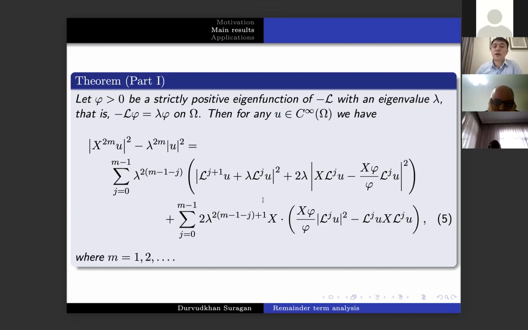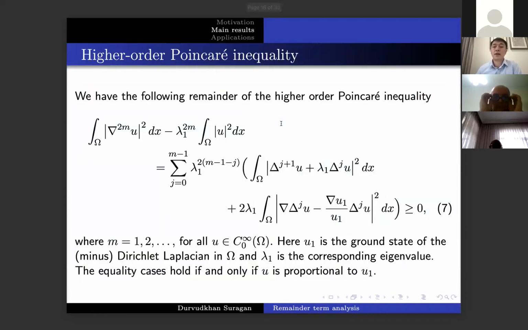Using some direct computation on the right-hand side, for example, we can use the divergence formula, and for that we may need some assumptions on omega, but still that can be done directly. So that gives us this beautiful formula.